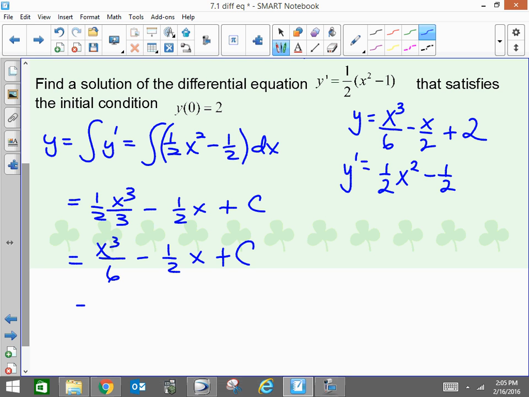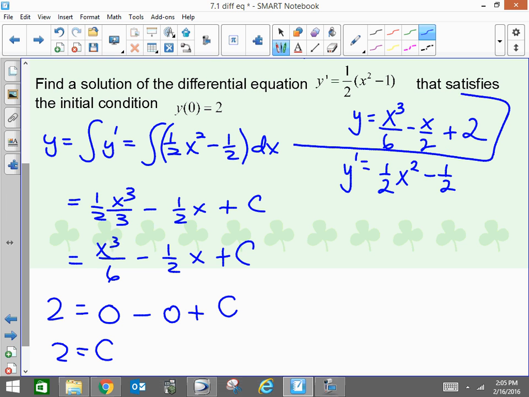And then we plugged in a 0 and got 2. So 2 equals 0 minus 0 plus c. C is definitely 2. And then here's our answer. Which when you plug in, it works out the same way.